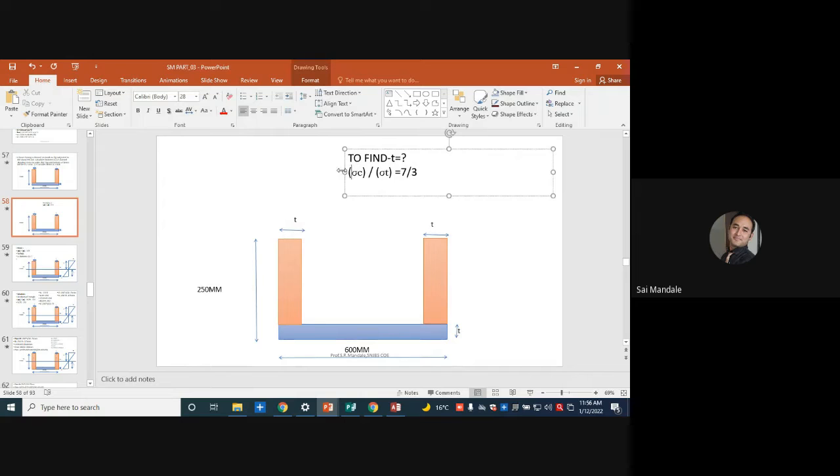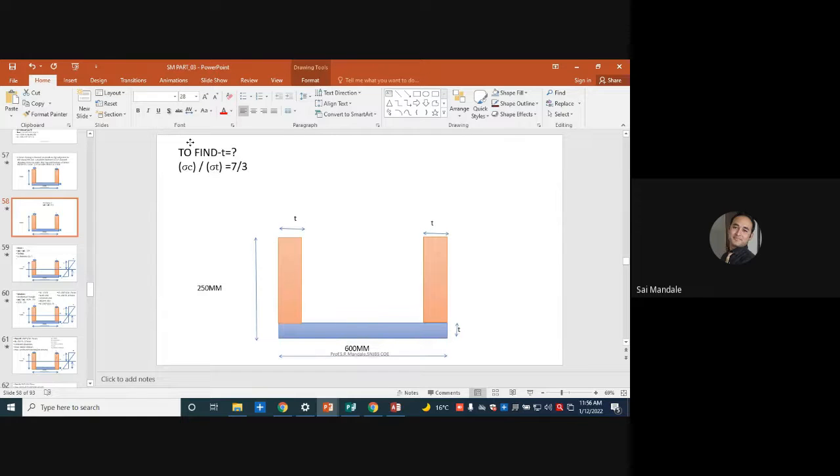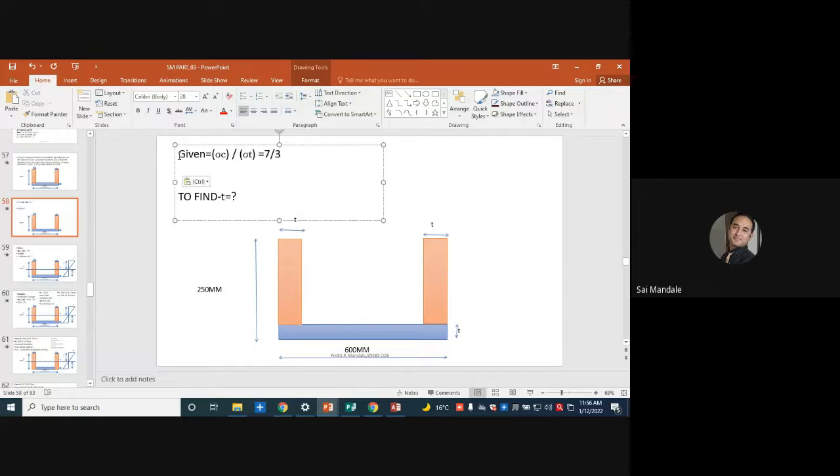To find is T, which is to be identified. Let me reverse the order, as we are putting given first, to find second, and the third one is the geometry.